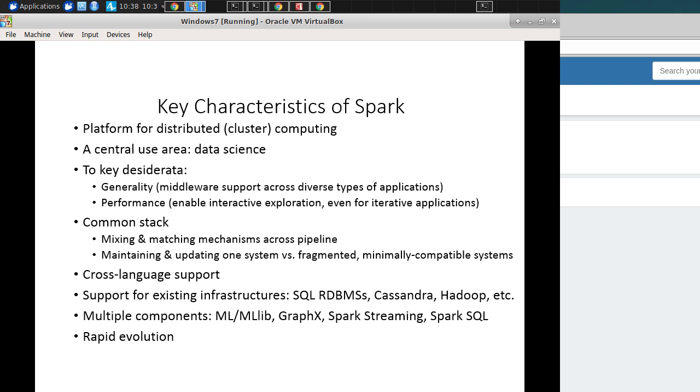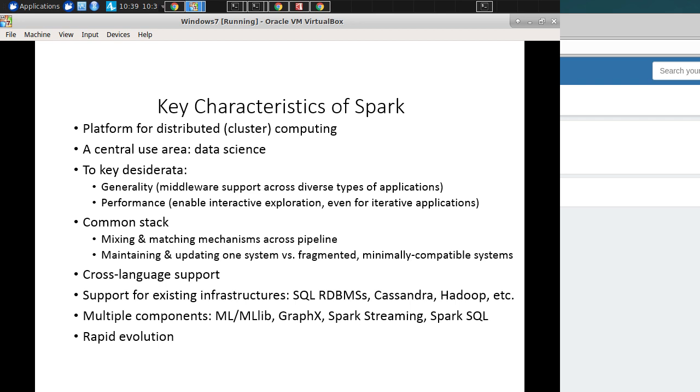And it's important to understand why we're using it, and just a little bit about what its motivation is. So Spark is a platform for distributed computing, that is, a form of cluster computing, and it's targeted strategically towards data science.